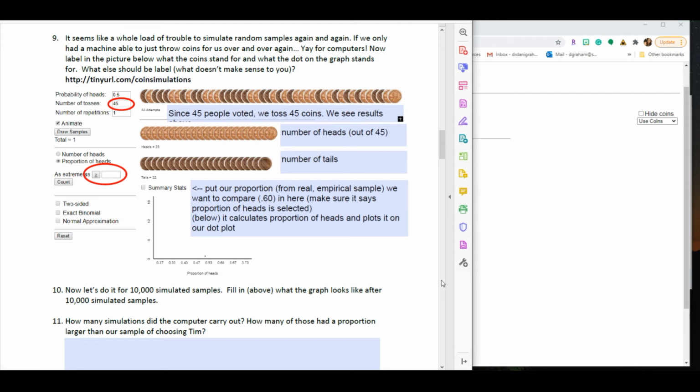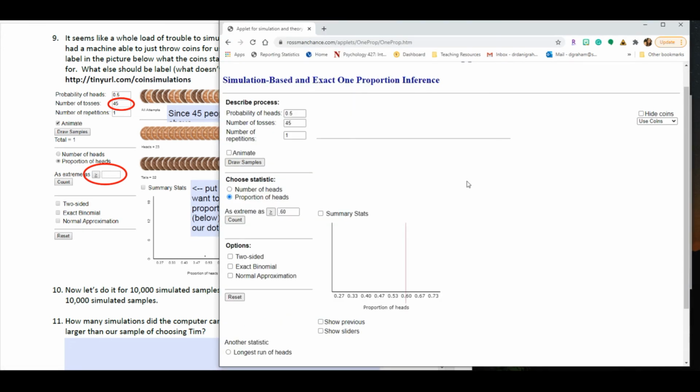So let's do it for 10,000 simulated samples. Let me show you how to do that. We're always going to leave this probability at 50%. We're still doing 45 tosses because we're still talking about that original class. But now, instead of doing it just one at a time, I'm going to put in 10,000.